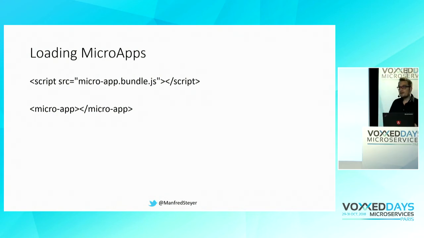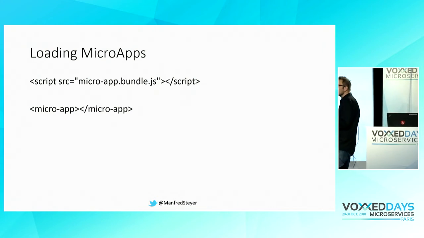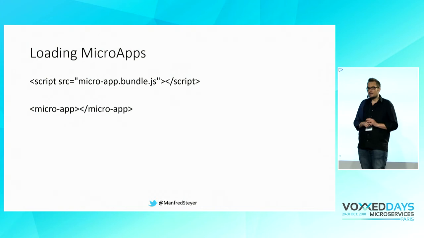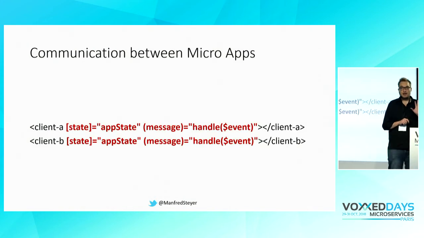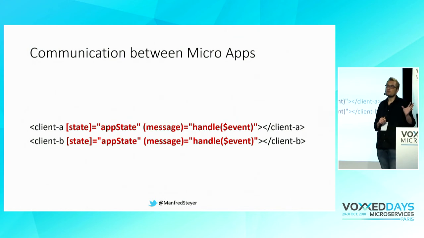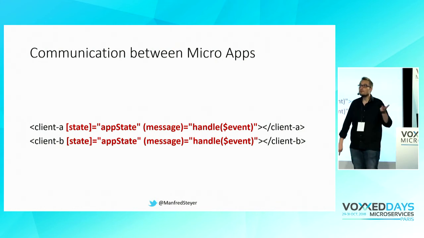A question that arises quite often here is how can those micro apps interact with each other? And the answer is web components just behave like ordinary components in your browser. They just behave like a table component or an image component or an input field.